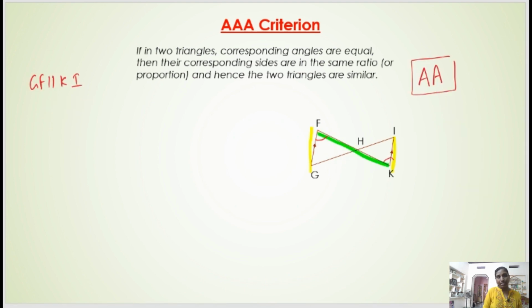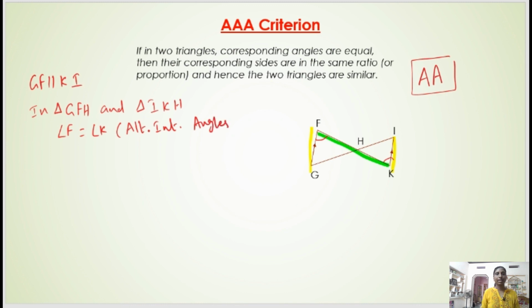Okay, so let us take this triangle GFH. In triangle GFH and triangle IKH, angle F is equal to angle K, and what is the reason? Alternate interior angles. Okay, now we can see one more pair here.